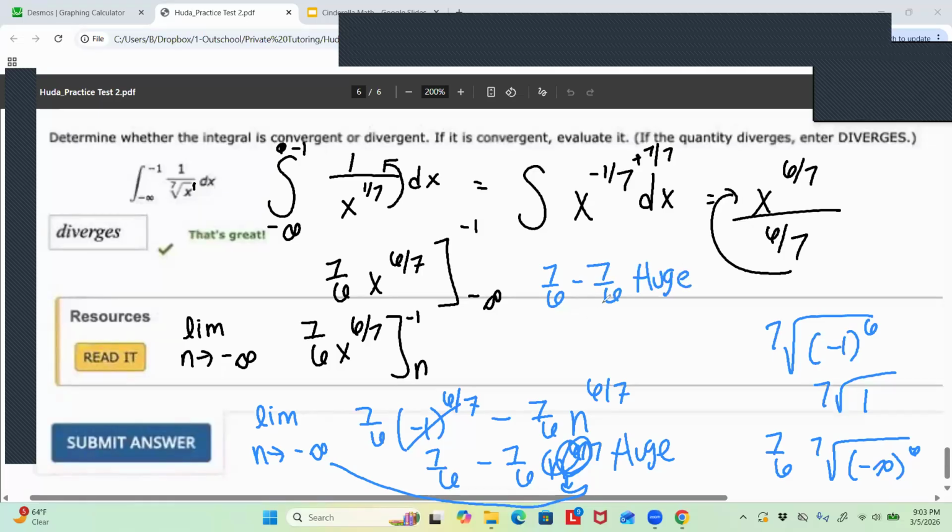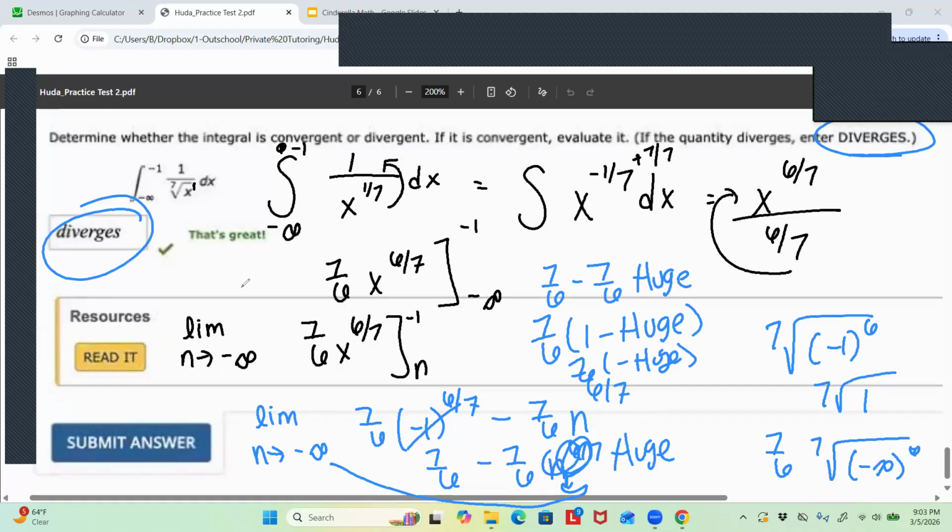This is not a number, right? Even if you pulled out the 7/6, you get 1 minus huge. This is 7/6 times negative huge. This is not a number. It diverges. So you need to type in this box, diverges. Watch your spelling. And there you go. It doesn't have an answer. Can't do it. We tried.